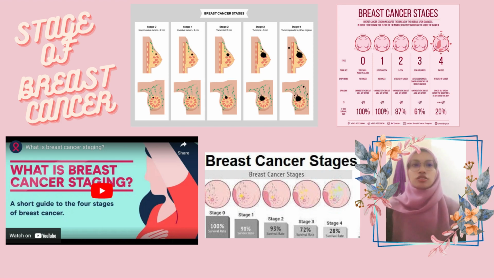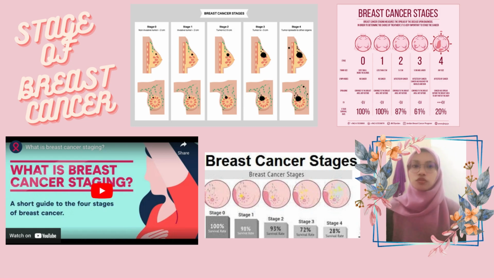At stage 0, the disease is non-invasive, meaning it hasn't spread from your breast duct to other parts of your breast. It means that it has not spread beyond its original site or location within the body. In the context of breast cancer, when the disease is stated as non-invasive, it implies that the cancer cells are confined to the breast duct and have not spread into surrounding tissues or other parts of the body.